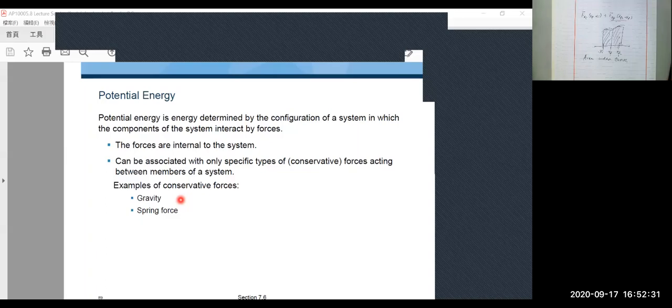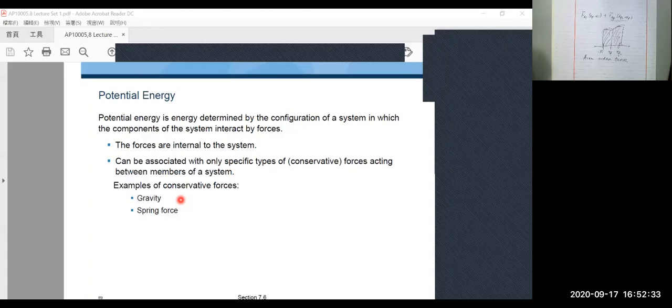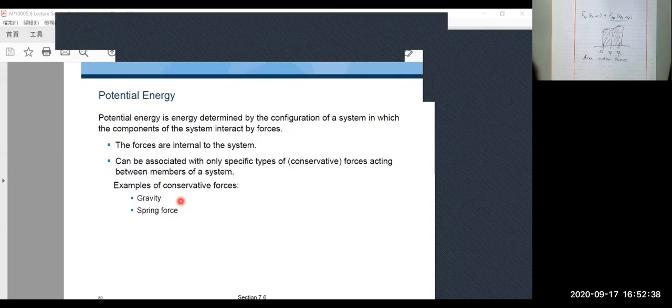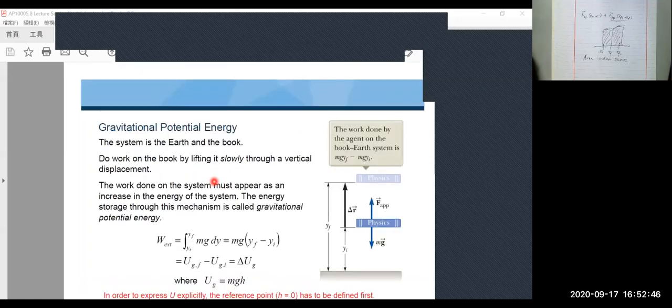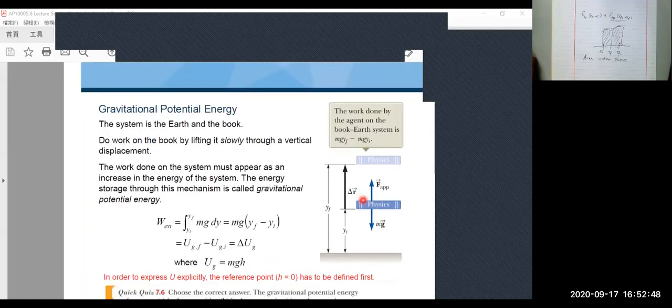Due to the change of the height of the object, you are storing some potential energy in the object, or releasing some of the potential energy in the object, such that when you return it to the original position, the energy could be restored.